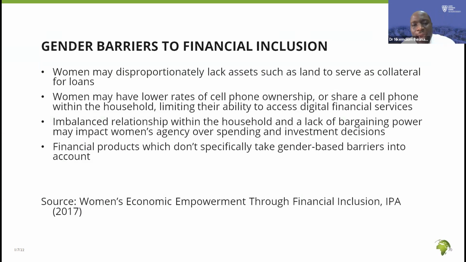Now, women may disproportionately lack assets, collateralizable assets like land, like shares, etc., that can be used as collateral for loans. Women also have lower levels of cell phone ownership, imbalanced relationships within the household, lack of bargaining power, as well as financial service products that do not specifically take gender-based barriers into account.